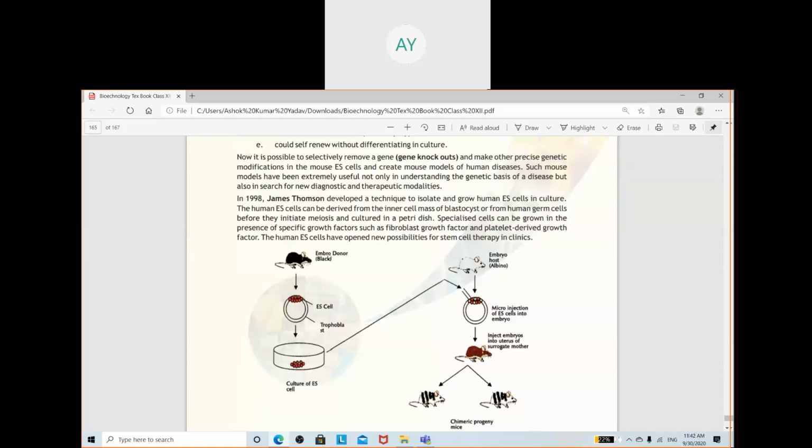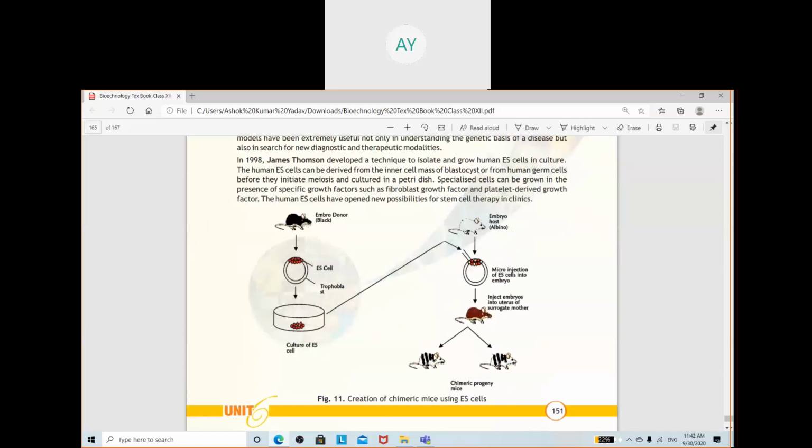This is not the black mice, this is not the albino mice, this is the third mice. So inside that mice, you are observing the offspring that contain the gene or character of both black mice as well as the white mice. So how can you confirm? You are observing the black stripe color of the hair and white stripe color of the hair on the surface of body of that mice. So that is the condition for creation of chimera.